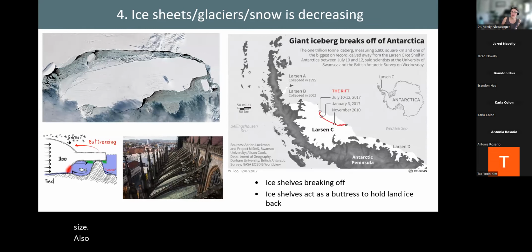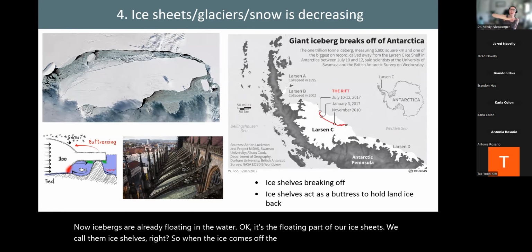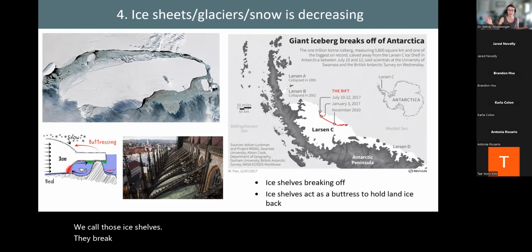The things that make a lot of news are when big icebergs break off of our ice sheets. Now, icebergs are already floating in the water. It's the floating part of our ice sheets. We call them ice shelves, right? When the ice comes off the land and is now floating in the water, we call those ice shelves. They break apart, you get icebergs.